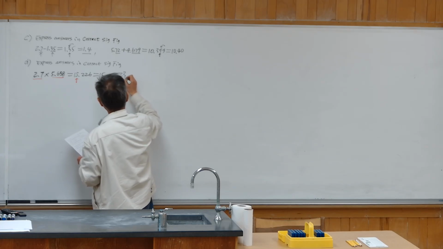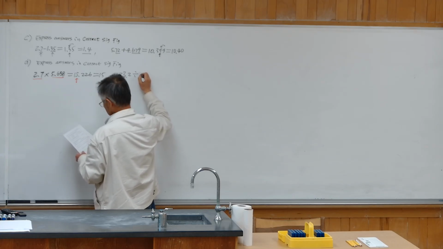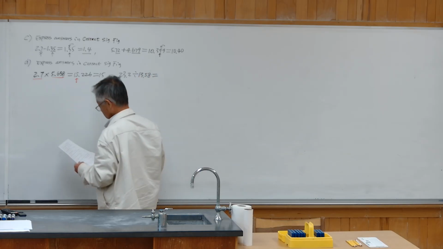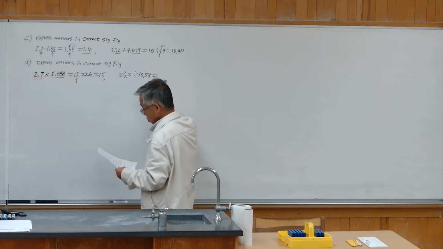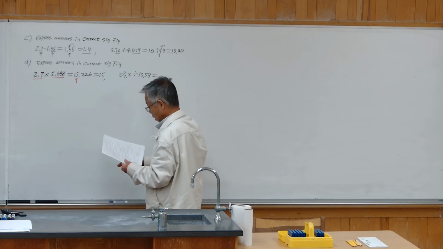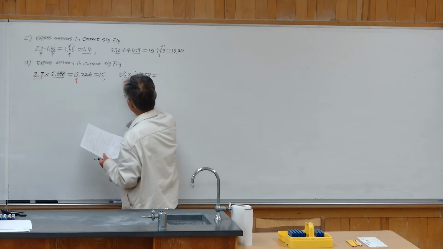Next is a division: 23.2 divided by 13.58. For division, the rule is similar to multiplication. The answer cannot have more significant figures than any of the original numbers.